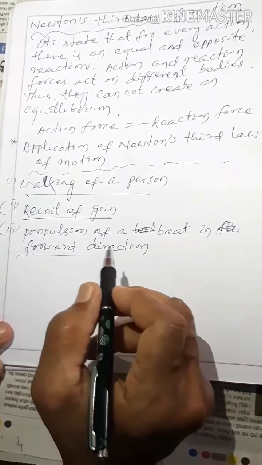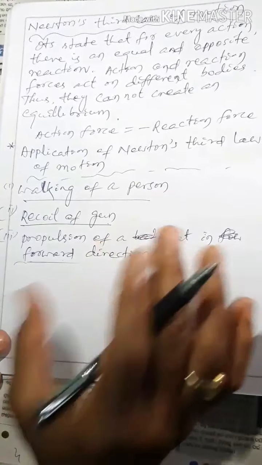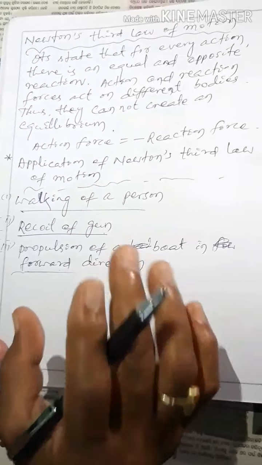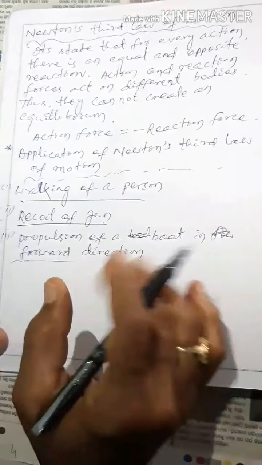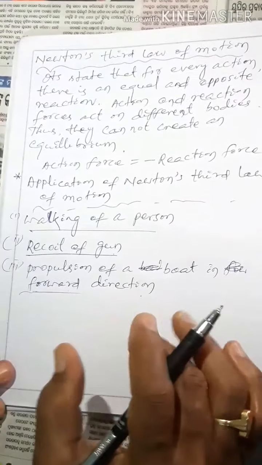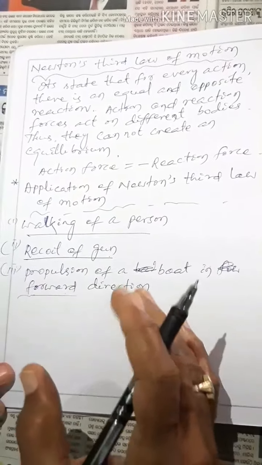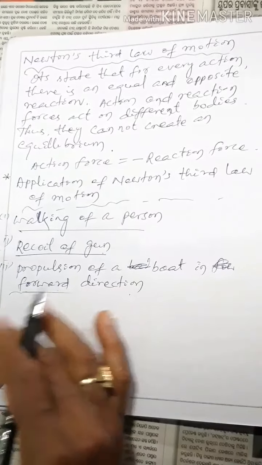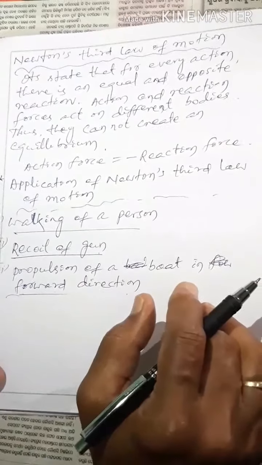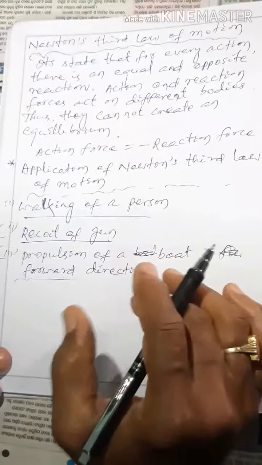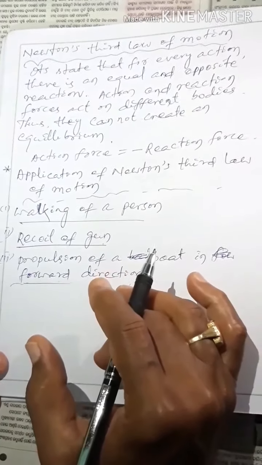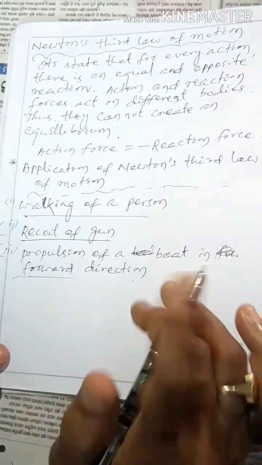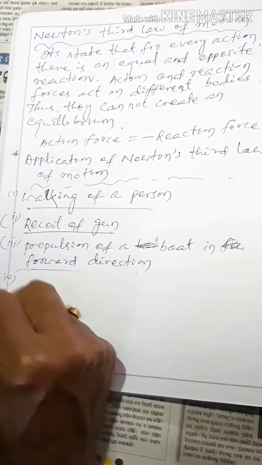Sailors push the water with an oar, O-A-R, oar, in the backward direction. Resulting, the water pushes the oar in the forward direction. Consequently, the boat is pushed in the forward direction. Clear?